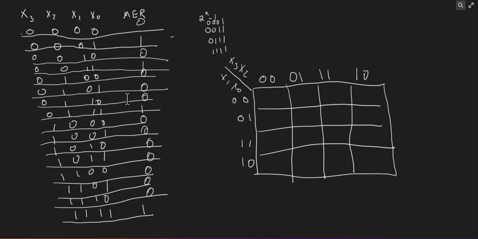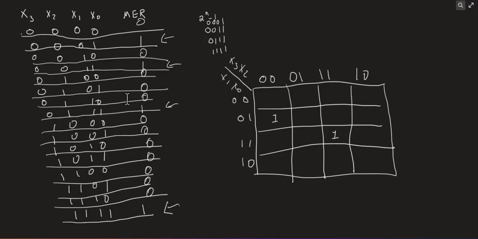So we want ones for these 4 rows. This bottom row is the easiest one, where they're all ones, so that's 1, 1, 1, 1, right here. Then the first one that has a 1: X3, X2 is 0, 0 and X1, X0 is 0, 1, so 0001 is right here.